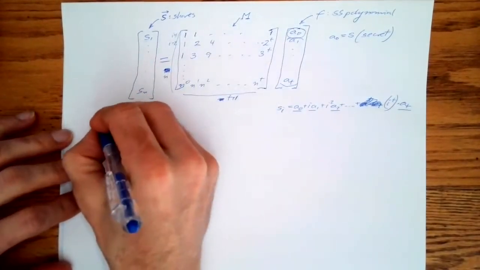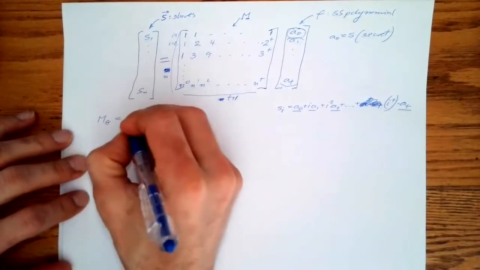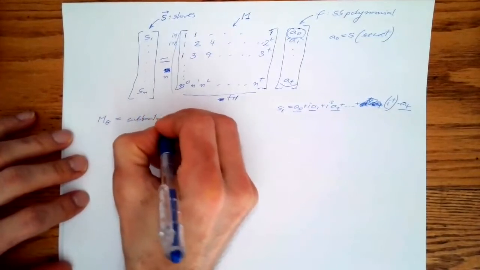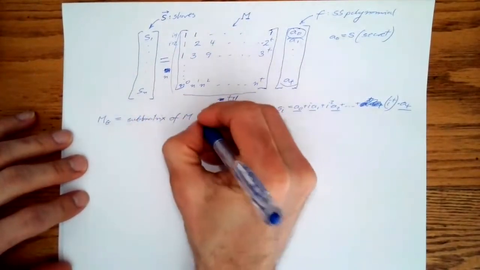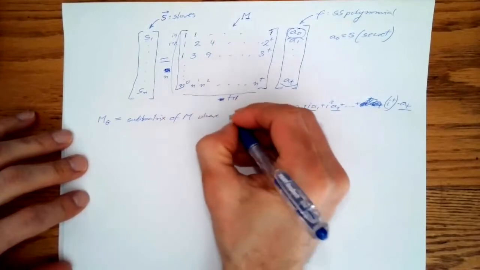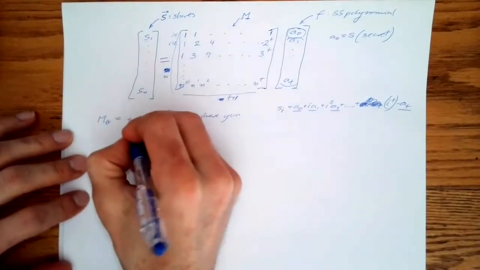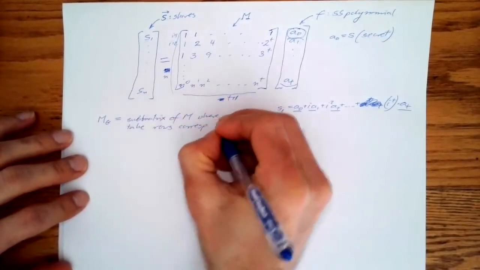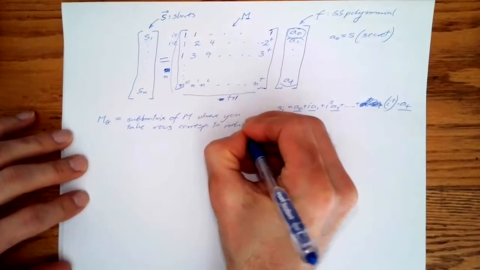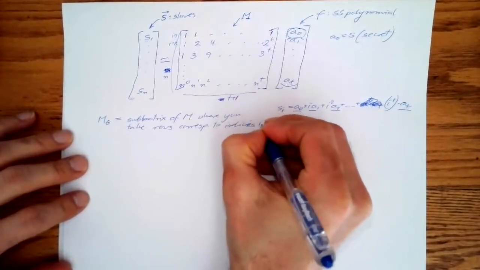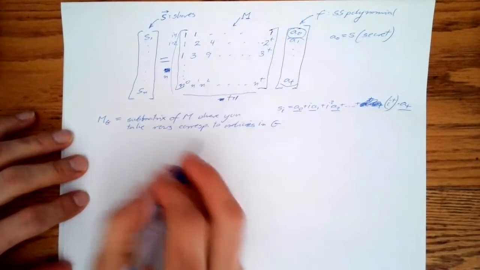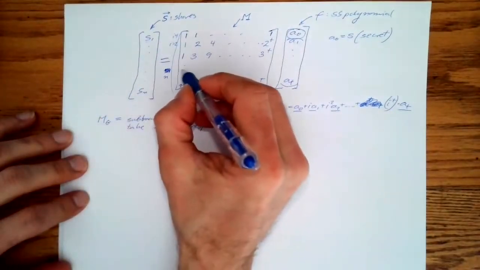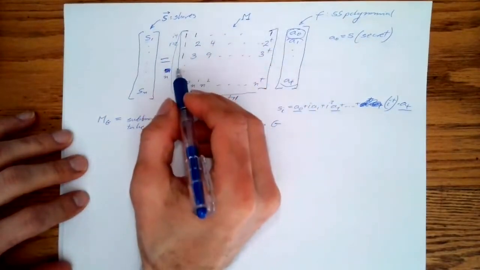Well, think of M_G to be the submatrix of M where you take rows corresponding to indices in G. Let's say you take the first t plus 1 players, so this would be this top submatrix.